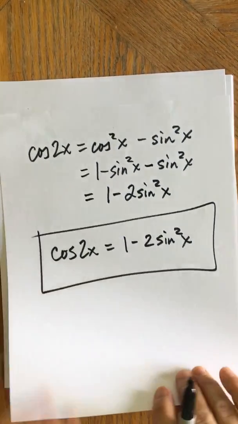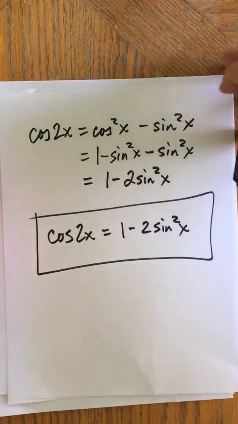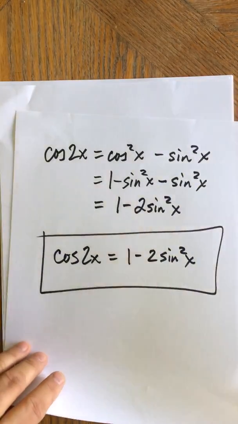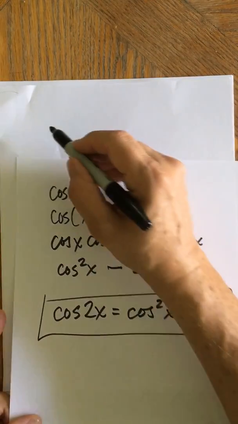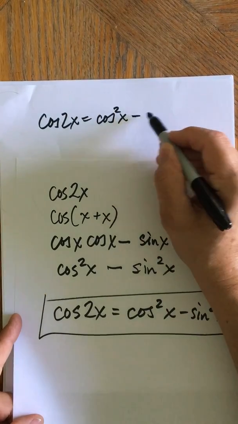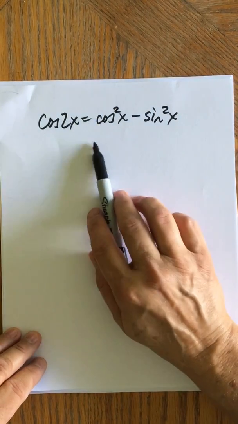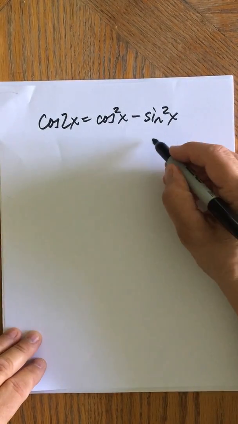And finally, the last form. We're going to start again with cosine 2x equals cosine squared x minus sine squared x. But now, instead of replacing cosine squared x with 1 minus sine squared x, we're going to replace sine squared x with 1 minus cosine squared x.